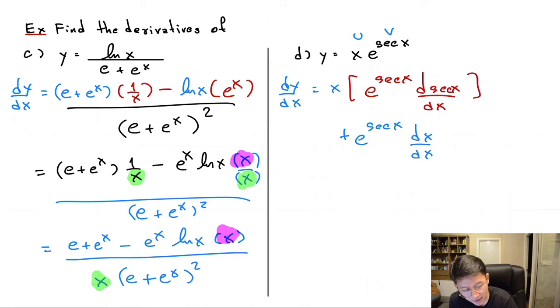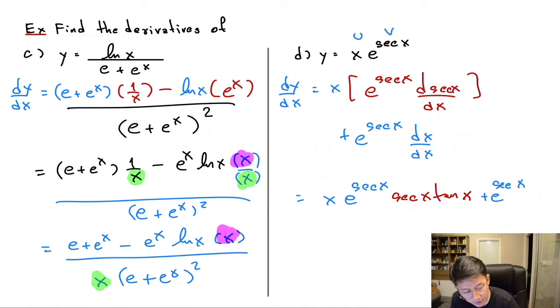So we have here x e to the sec x, d sec x. What is d sec x? d sec x is sec tan. So we have sec x tan x plus e to the sec x.